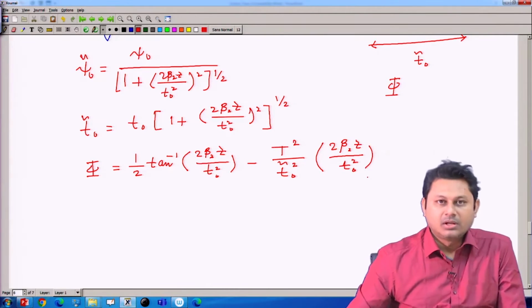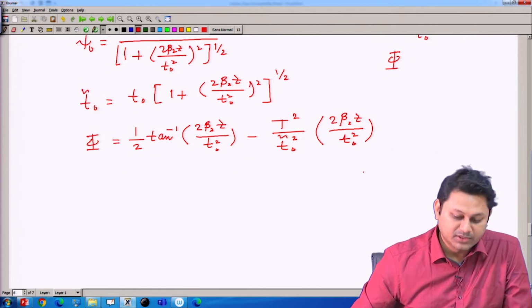These are the three values that we evaluated in the last class.